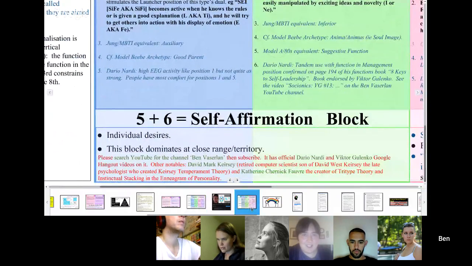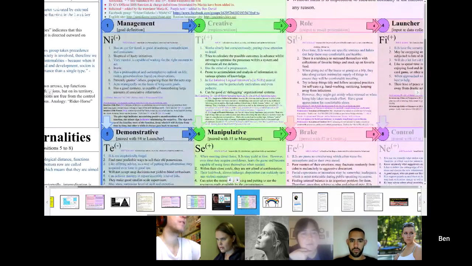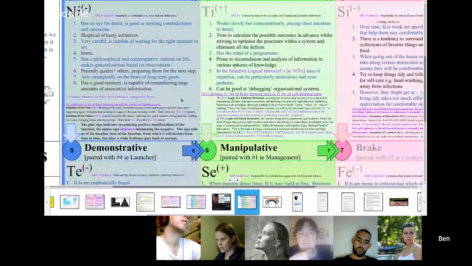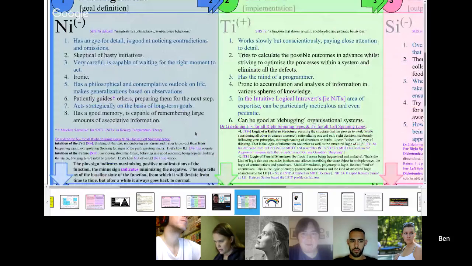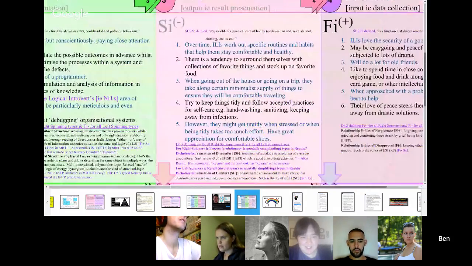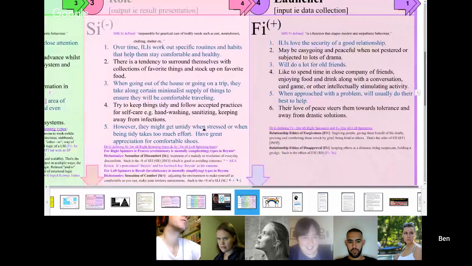Right. And then this is the actual Model G. That graphic down there to the left is the Dario Nardi video. Right, so this is the social mission. Pause. And that's the social adaptation.